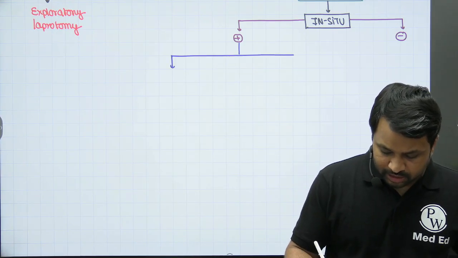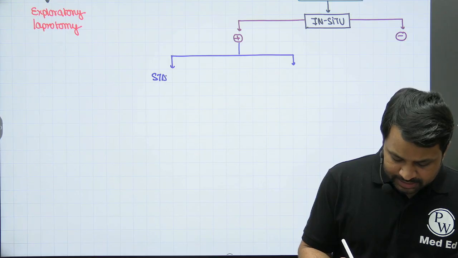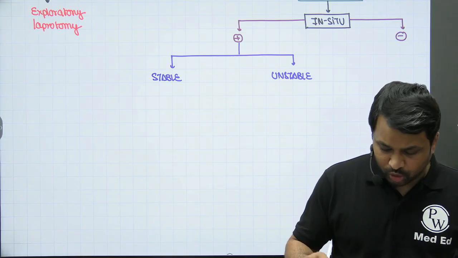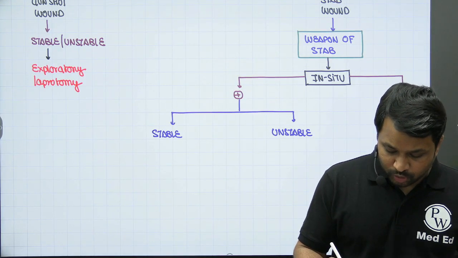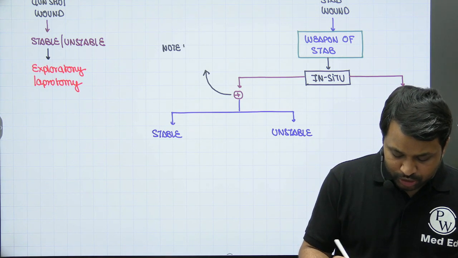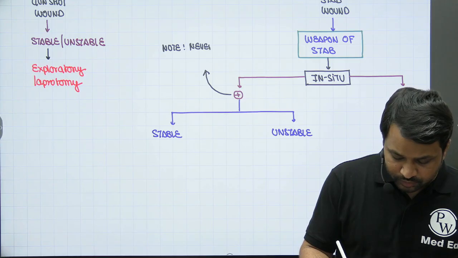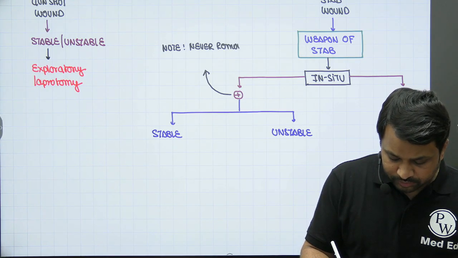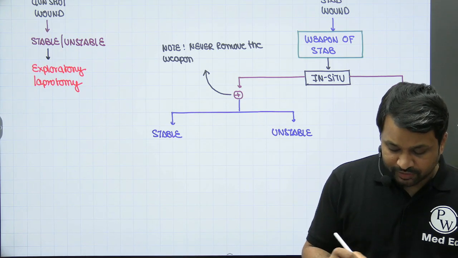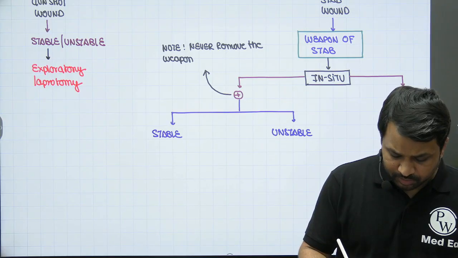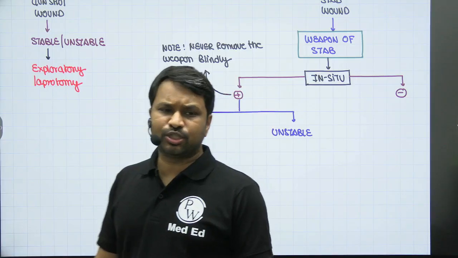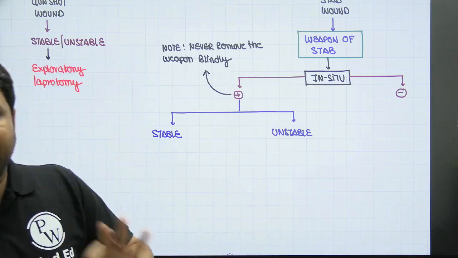Before I move on with the further protocol, as a note point, anytime a patient comes to you with the weapon of stab in situ, remember, you should never remove the weapon blindly. That means you should not remove it in casualty. It should be removed only in the OT, and that too in a layer-wise manner.